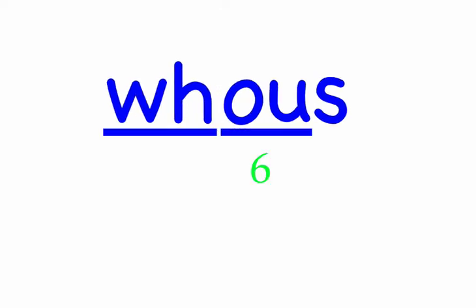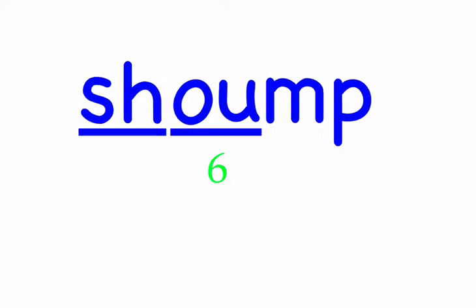Wouse. Shamp. Row 9. Here EW will represent its first sound as a vowel group 6.